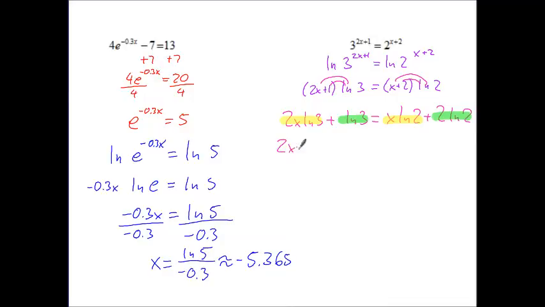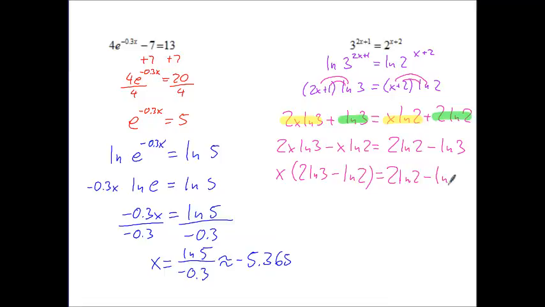So 2x ln 3 minus x ln 2 is equal to 2 ln 2 minus ln 3. In our next step, we're going to factor out our x. So x times 2 ln 3 minus ln 2 is equal to 2 ln 2 minus ln 3.